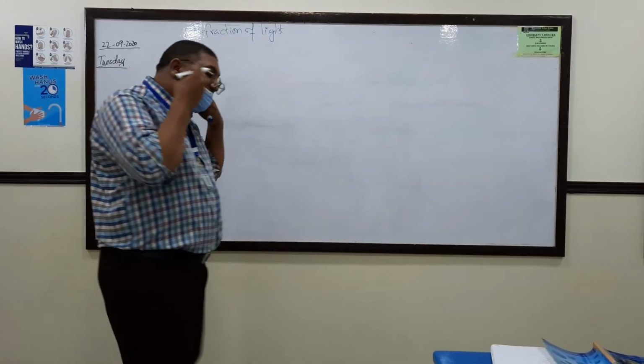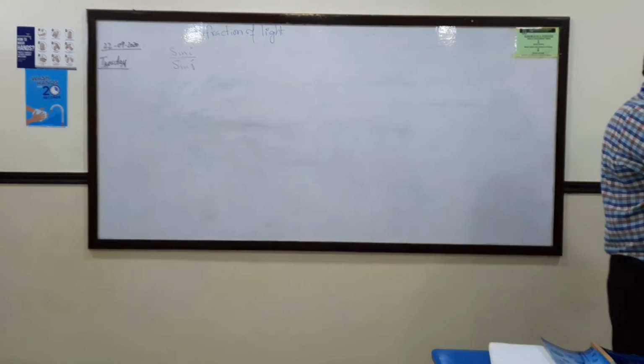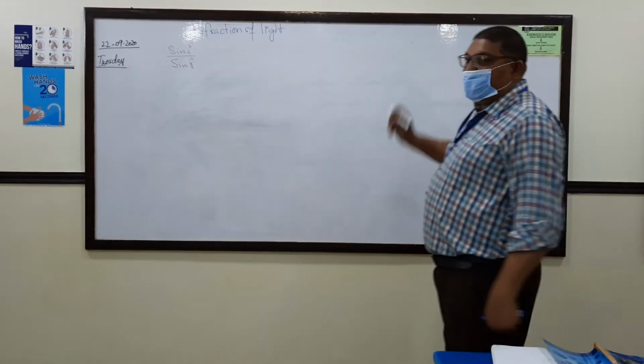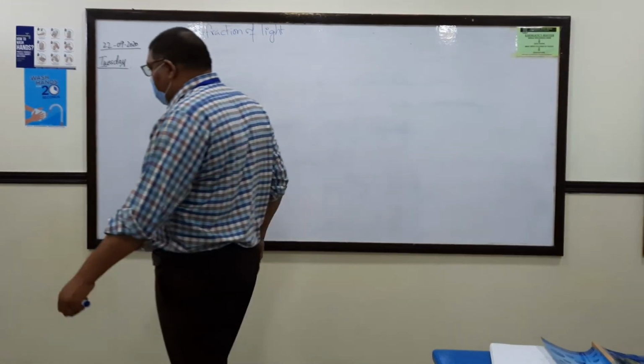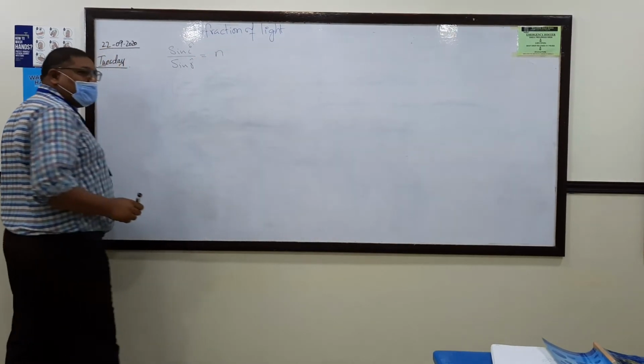For example, when the light is entering from air into glass, we wrote sin i by sin r, and that remains constant. Let me say this is n.